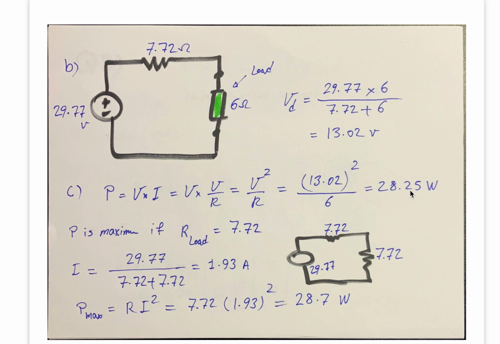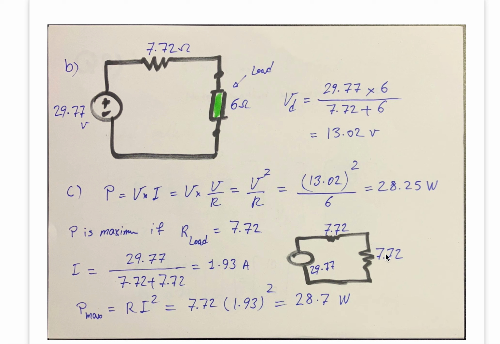The question says when this power is maximum. The power is maximum when this load has a resistance equal to 7.72. Basically, when this load resistance and this Thevenin resistance are equal, then you can say this load is consuming power at its maximum.